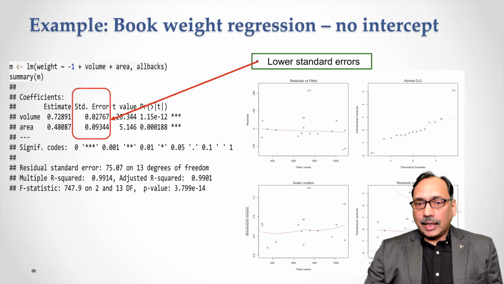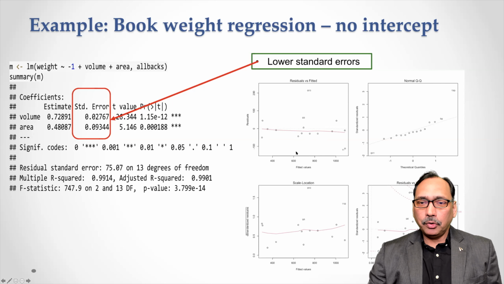If you look at the diagnostics plot, this is a small data set. One thing that stands out probably is sample number 13. Its residual seems to be very high compared to the remaining group, but the remaining group doesn't pose any major problem because this red line is very close to the dotted line. On the normal QQ plot too, this 13th observation stands out.